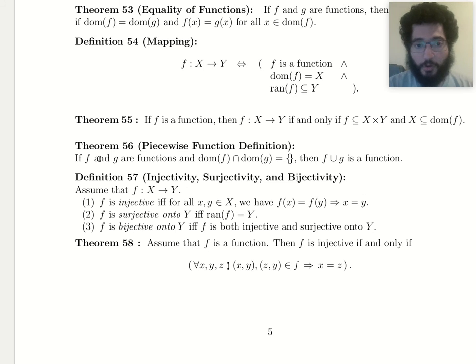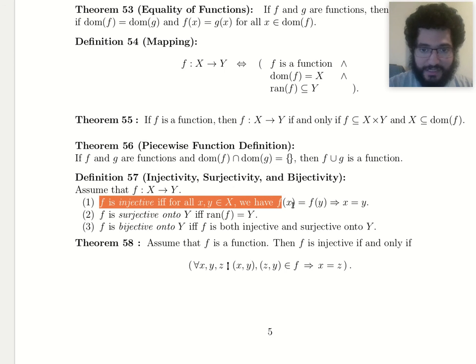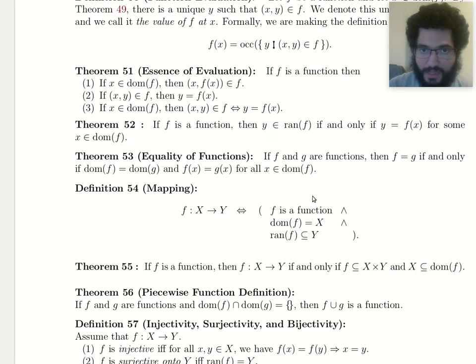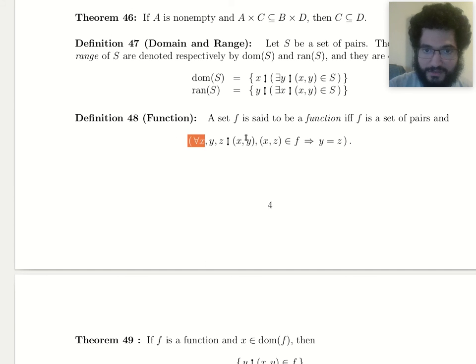And actually, if you go back and look at not the definition of injective, but down here, this equivalent way of stating injectivity, to say that f is injective is to say this. And if you look at this, it is just one pair flipping away from being the definition of being a function, right? If you just flip these pairs around, then you've got basically this.